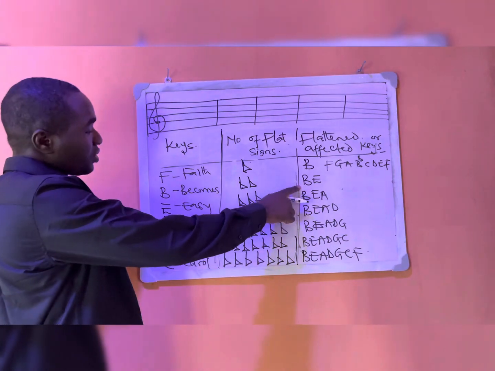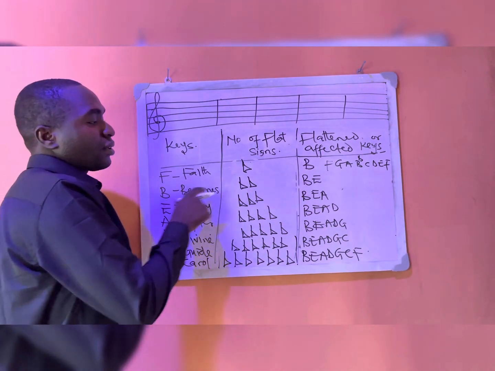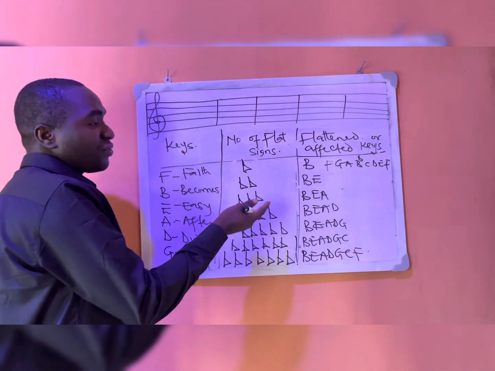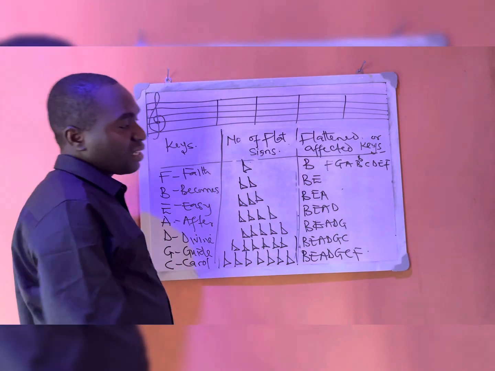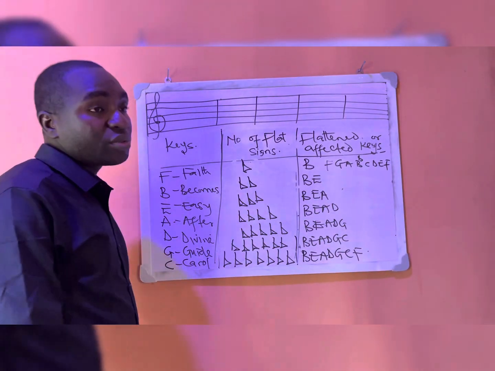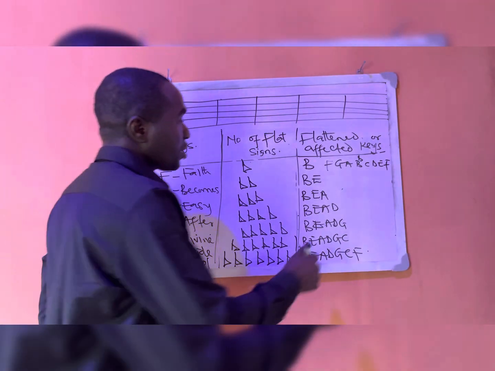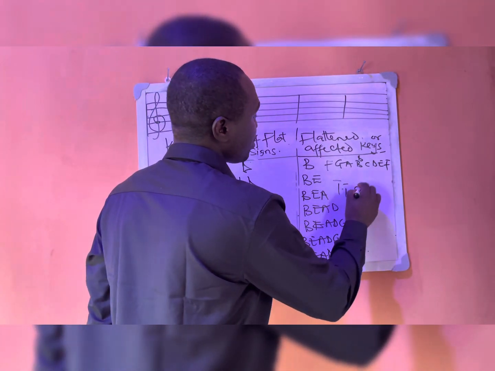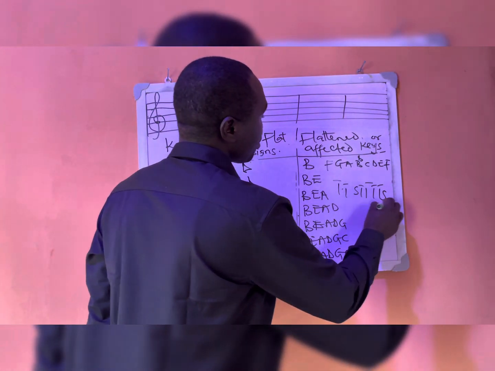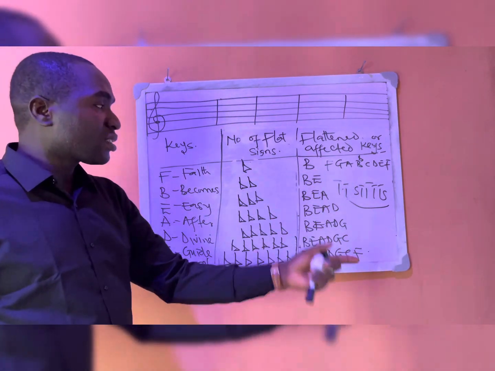The same thing applies. This is key B flat now. On the scale of B flat, 2 keys are to be flattened, and they are key B and key E. Like I said, if you follow the principle of tones and semitones, which to get your scale we have tone, tone, semitone, tone, tone, tone, semitone, you are going to arrive at your correct scale.